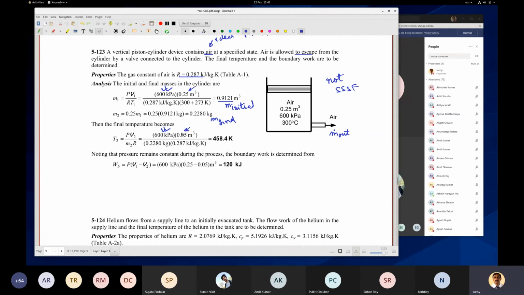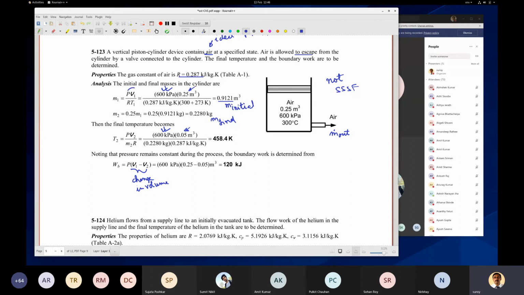Because the piston is moving, there is a change in volume.